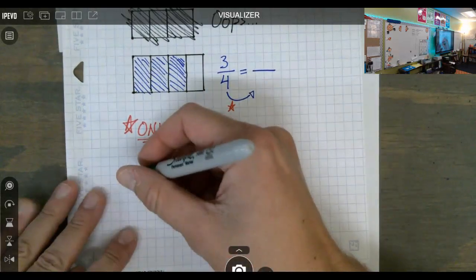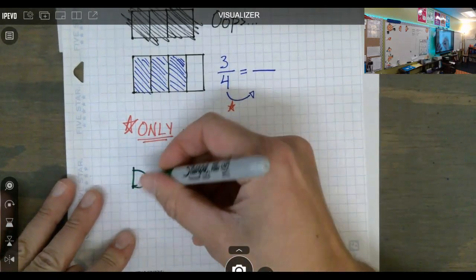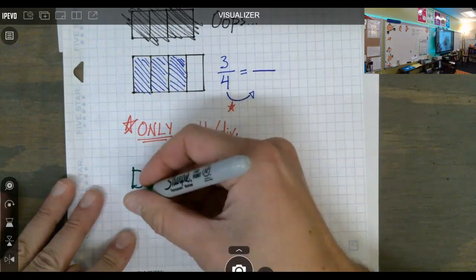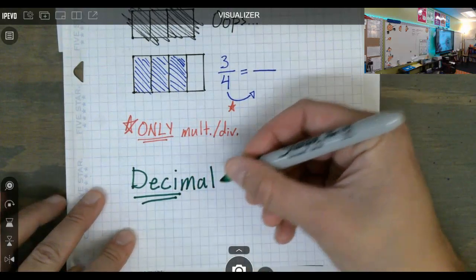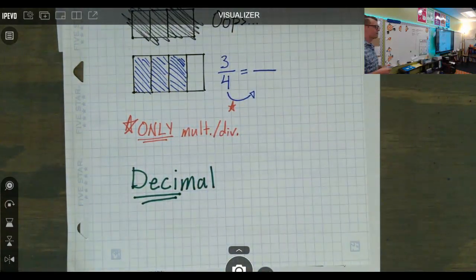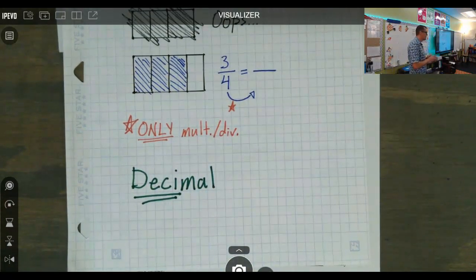So guys, you could also write this down, maybe, if you want to. Anyone ever thought about the root of the word decimal? Because I sure didn't until I started teaching math. Deci, or just dec, but really, deci is what we're looking at.